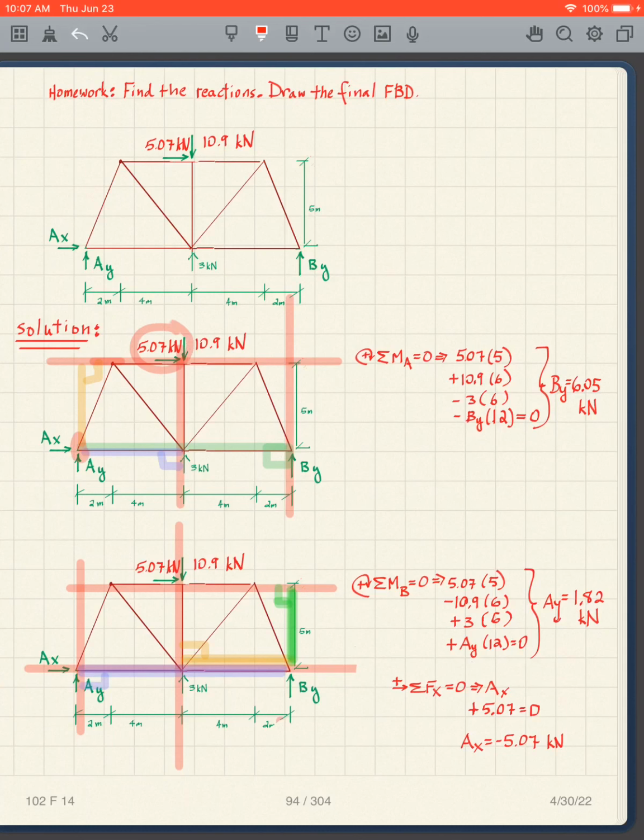So it's going to be 5.07 times this distance, which is 5 meters. And we have 10.9 times this distance, which is 6 meters.